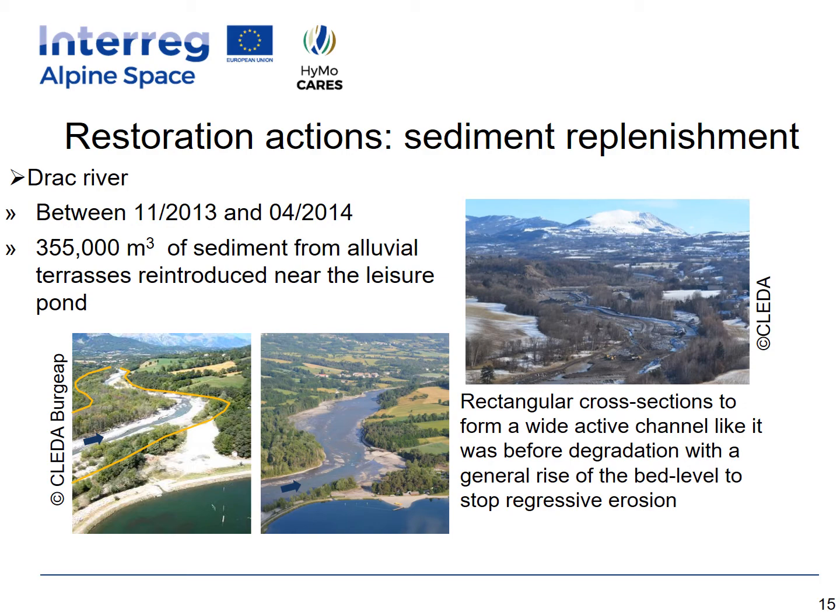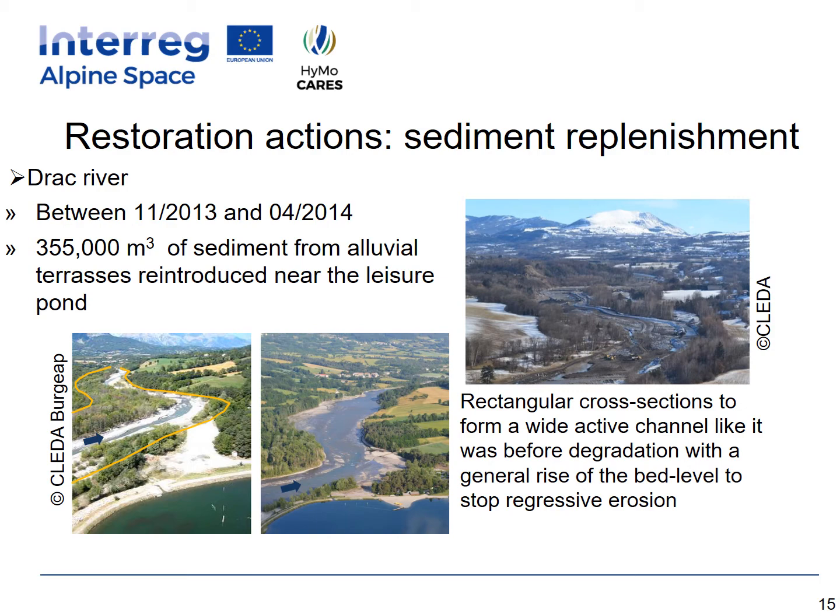The general objective of the restoration project is to recreate a braided channel corridor. A complementary objective is to avoid the destabilization of the right side dike protecting the artificial pond of Champsaur.